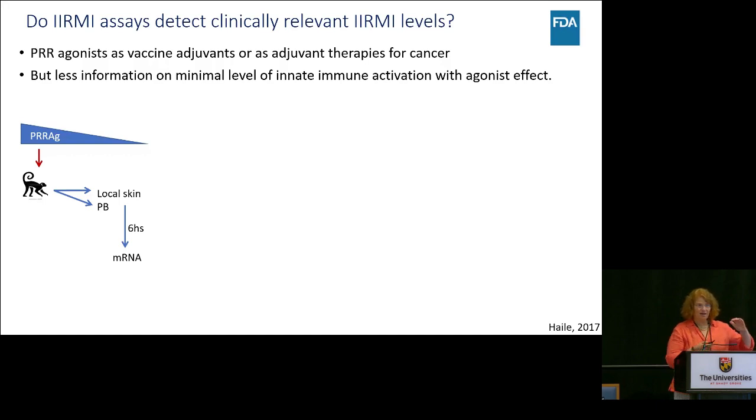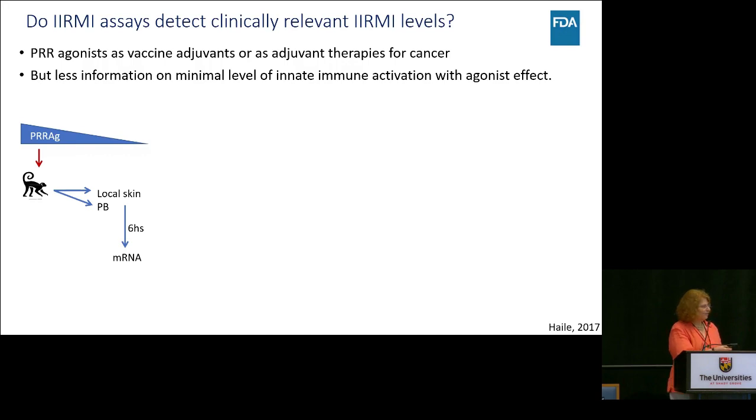Basically, we administered PRR agonists to monkeys in lower and lower amounts to understand at what level we could detect an in vivo response. And non-human primates and us, we have a pretty good homology in terms of receptors, so we thought it was a good model. So basically, we did this scheme of giving lower and lower amounts of different PRR agonists.